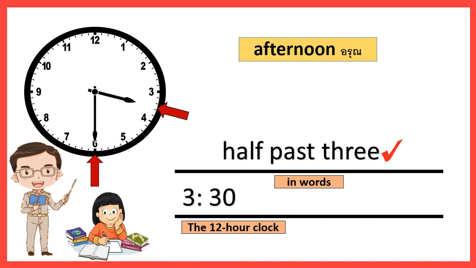Alright, since the time is set in the afternoon, what are we going to write? Are we going to use AM or PM? What do you think is the answer? The answer is PM. Very good.